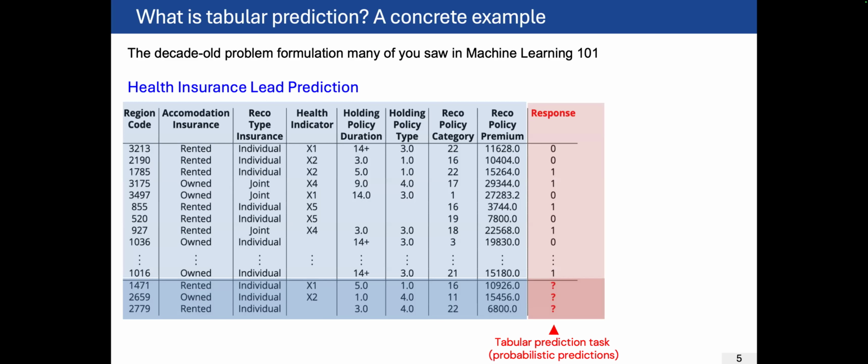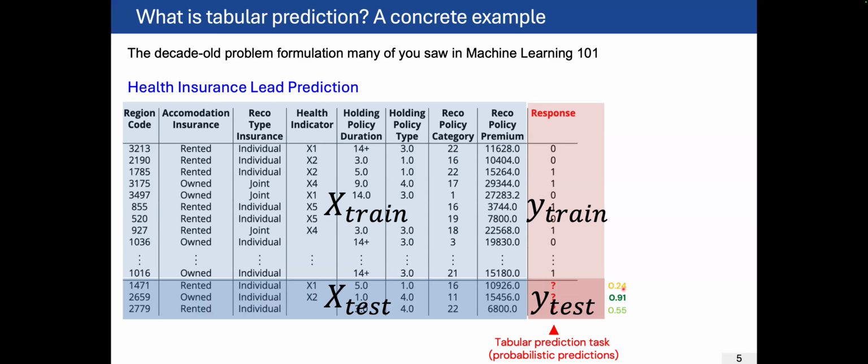So, just to make sure that we're all talking about the same thing, what is tabular prediction? It's really this decade-old problem formulation that many of you saw in Machine Learning 101, where you have some training data, X-train, so features. You have a target that you want to predict, and then you have test data for which you have the features, and you want to predict the target for these test values, and you want to do this probabilistically.